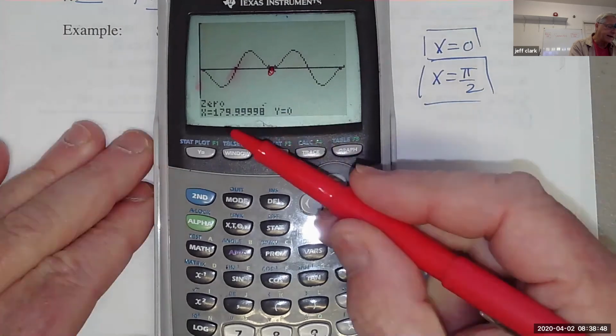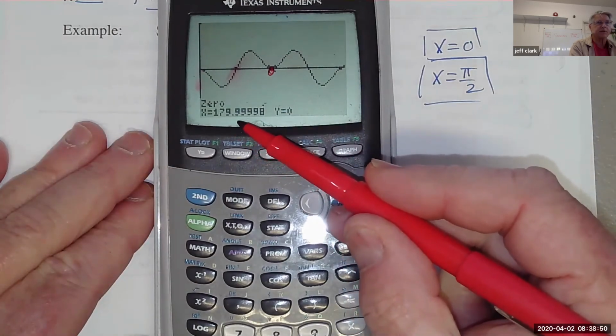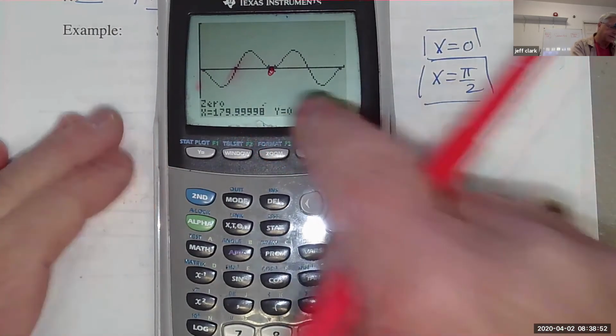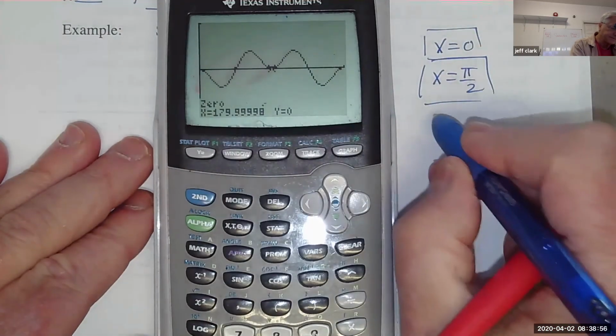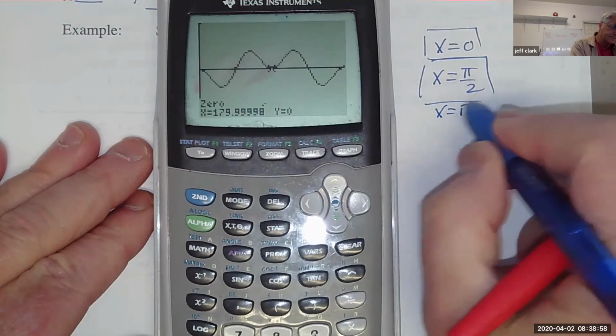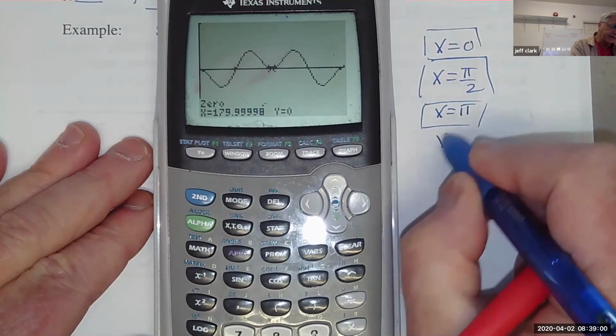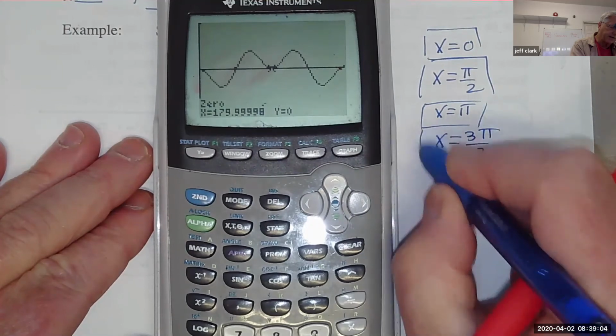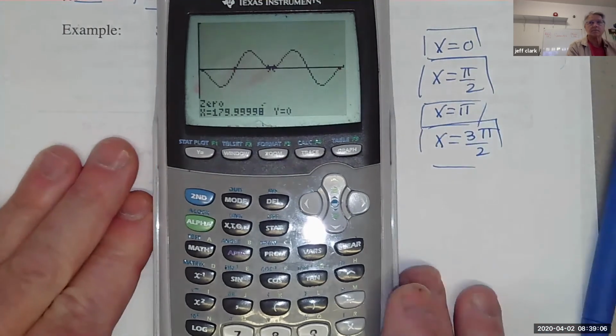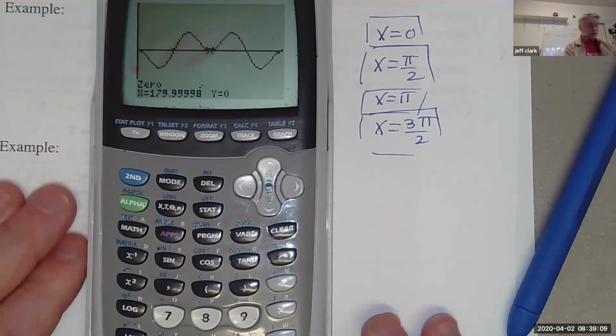So yeah, it's pretty much 180 degrees. Sometimes the calculator does that. If you do it again, you'll end up getting x equals 3 pi over 2, and you found your 4 answers now.